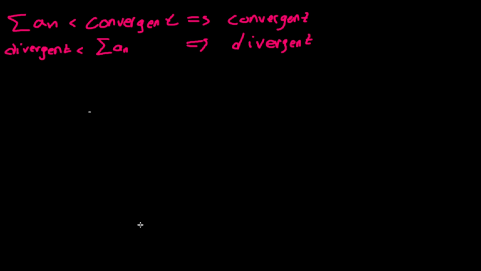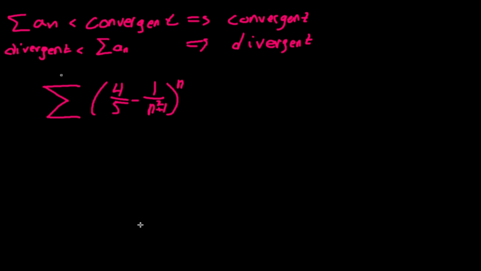So let's just do one little quick example using this. So let's say that our series was the following. Let's say it was equal to (4/5 - 1/(n^2+1))^n.